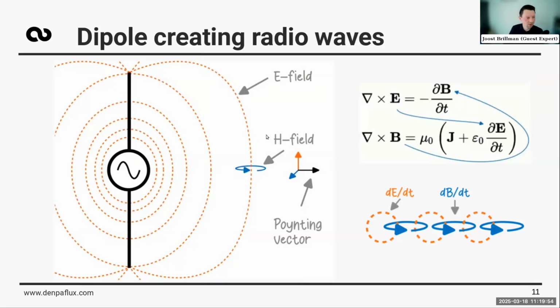A changing electric field causes a changing magnetic field, and a changing magnetic field causes a changing electric field, and it goes on and on and on. And that causes an electromagnetic wave that propagates outwards. This is the radiated emission of this dipole antenna structure.